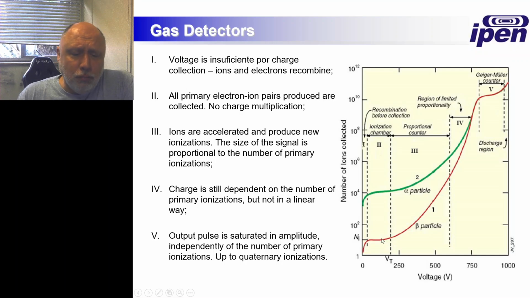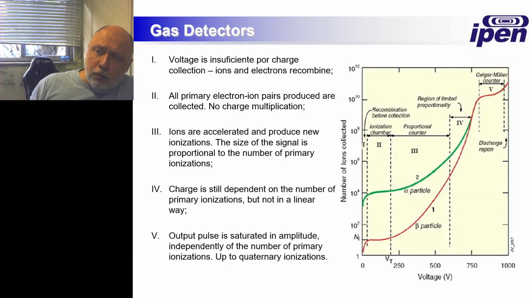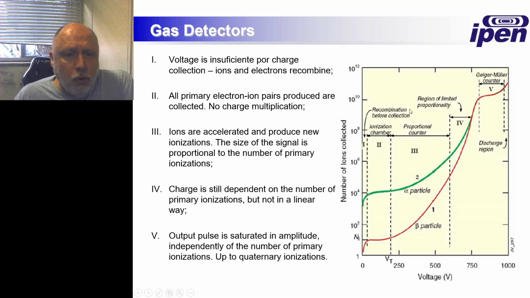Then we start to increase even more, and you start to have the multiplication, as I told you, right? Electrons produced by ionization in the medium can now ionize other atoms and so forth. This is called a proportional counter, right?